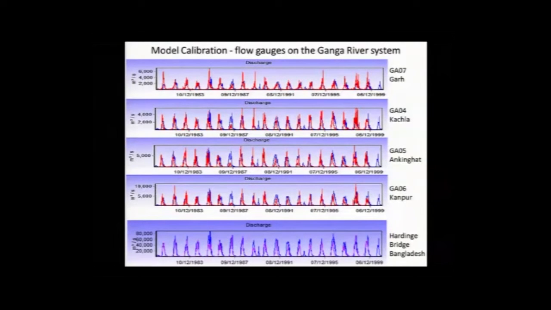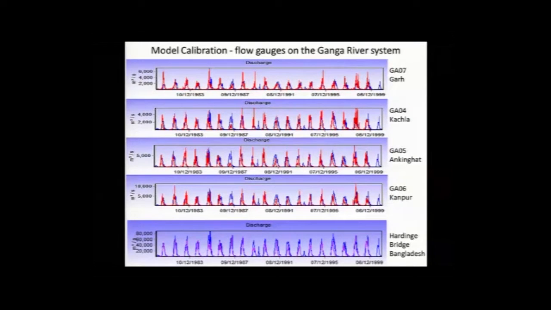We had a relatively very good match of the observed data and the simulated data. We had some limited access to the abstractions because that's not very easily available, but whatever abstraction we had available, we added that, and then we got this model flow data for 4 major stations.